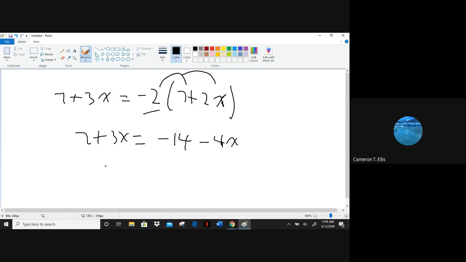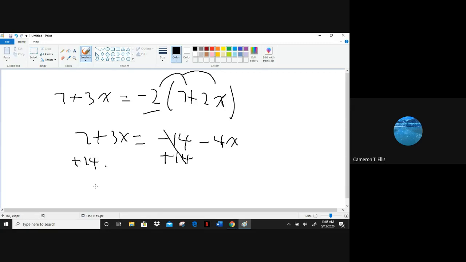So where do we go from here? Well, we got to try and get the x's together and get the other numbers together. So I would start off by trying to get rid of that big 14. I'm going to add 14 to both sides here. Minus 14 plus 14 is going to cancel. What's 7 plus 14?